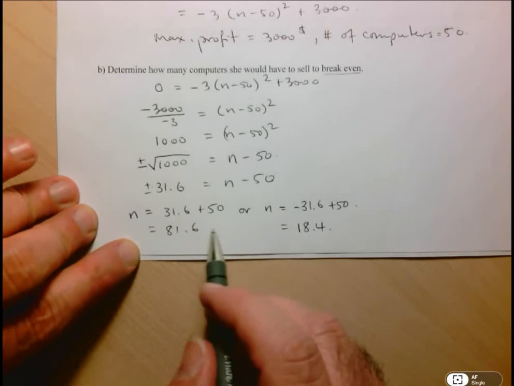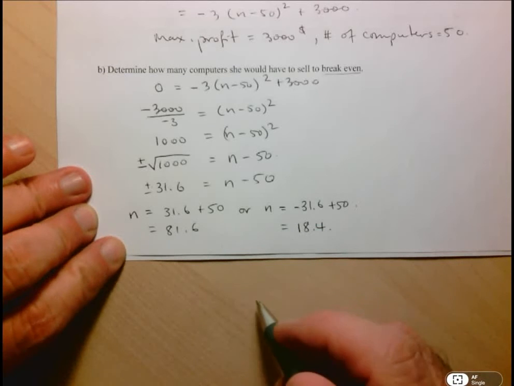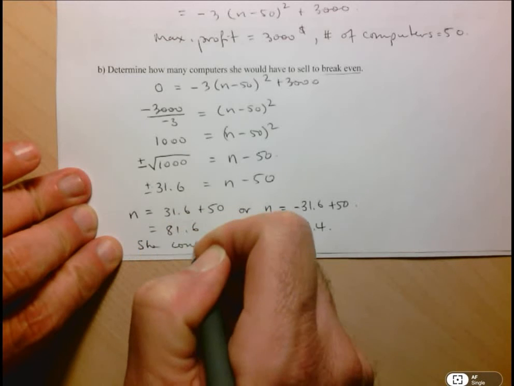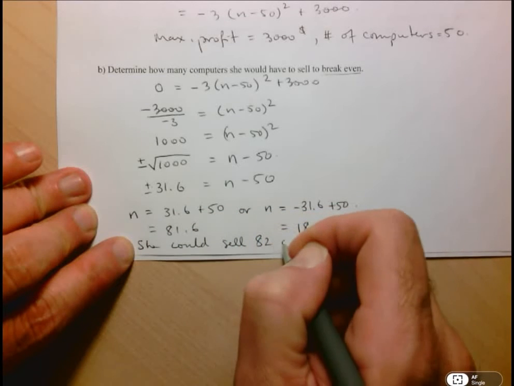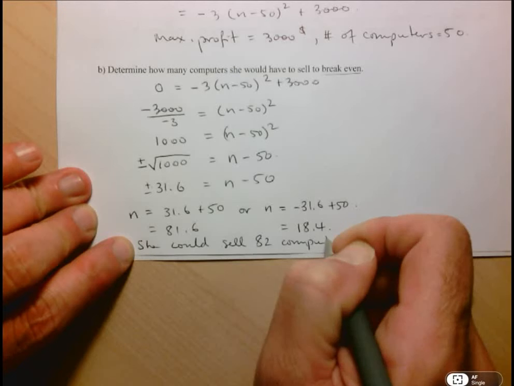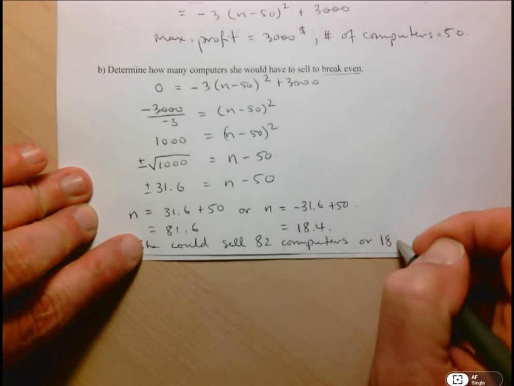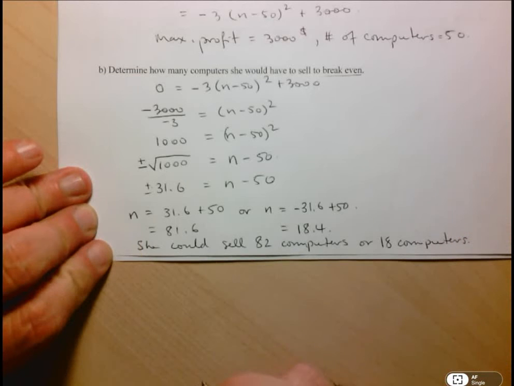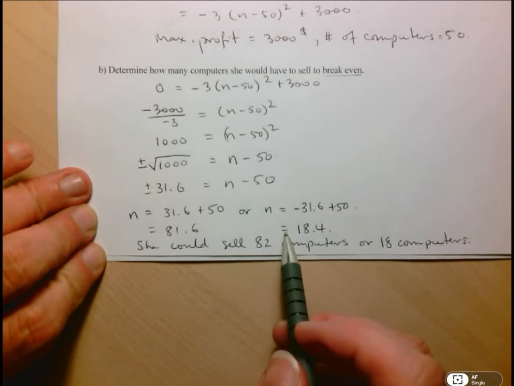I'm just going to say let's round as we would normally round. So I'd say here, she could sell either 82 computers or 18 computers. And in either of these scenarios, she'll neither make money nor lose money.